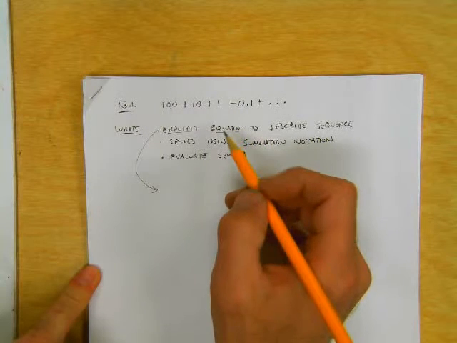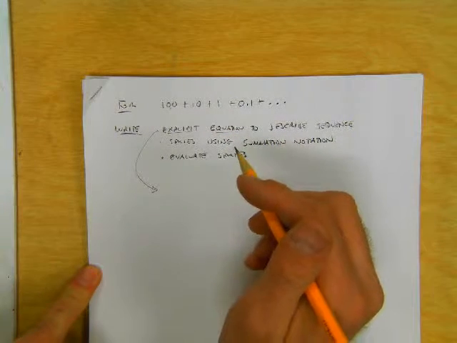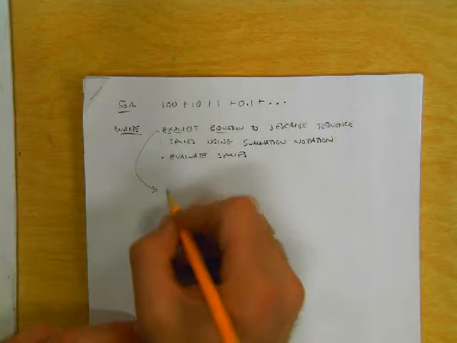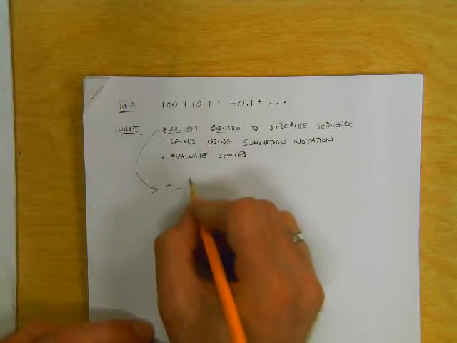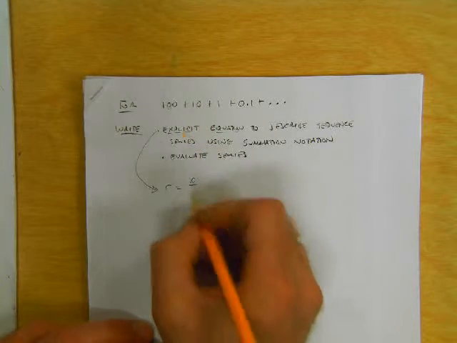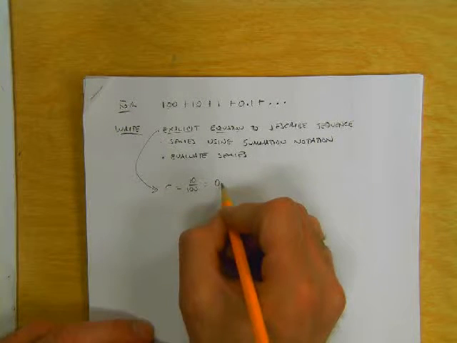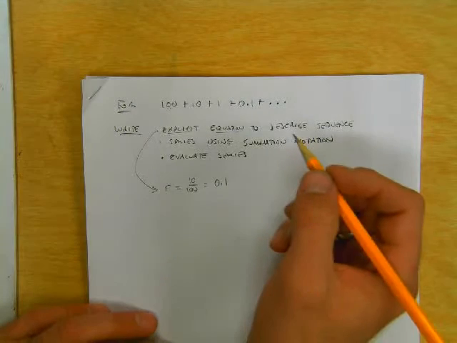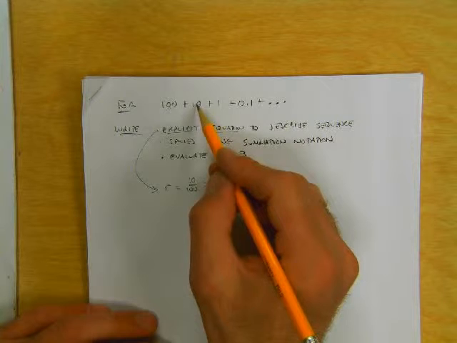But for geometric series, we always think in terms of what do we have to multiply by. And the way that we can get this is we can take the second term divided by the first term, and that will give us the common ratio. So regardless of the geometric sequence, you can always get the common ratio by doing the second term divided by the first.